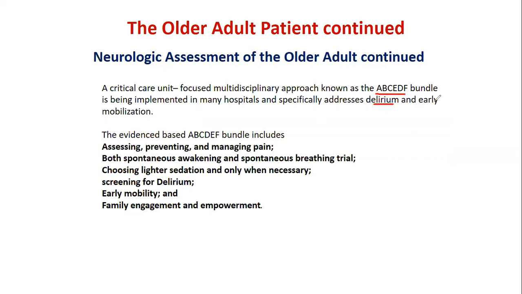So delirium and elderly mobilization. What does it mean? A, B, C, D, E, F. A for assessing, preventing, and managing pain if the patient has it. B for both spontaneous awakening and spontaneous breathing trials.